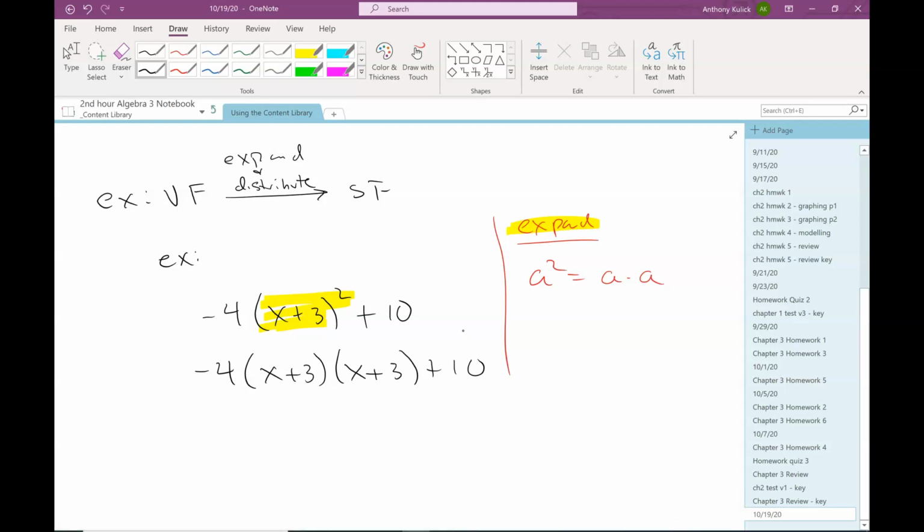So I'm going to go ahead and do my foiling. And then I'll combine my like terms inside that parenthesis. So 3x and 3x is 6x.